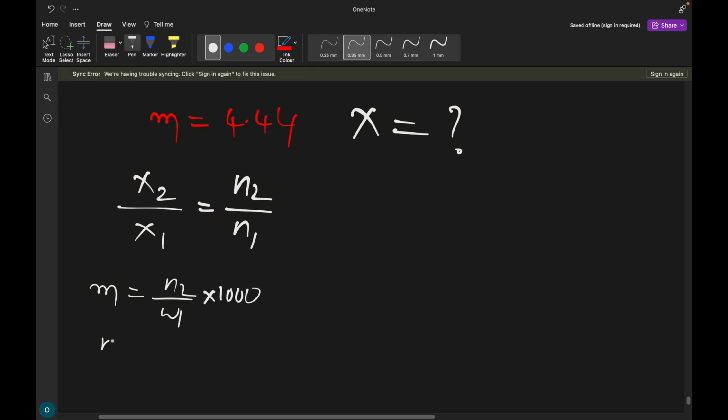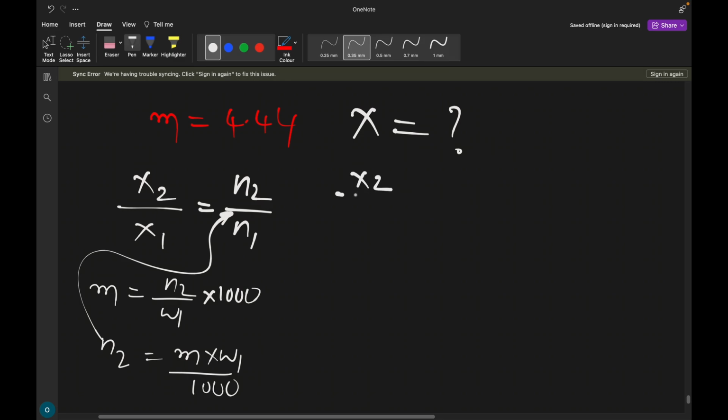So if we write n2 from this, it will be m into w1 by 1000, right? So substituting this here, we will get x2 by x1, I'll write it like 1 by 1 minus x2, which equals molality into w1 by n1 into 1000.